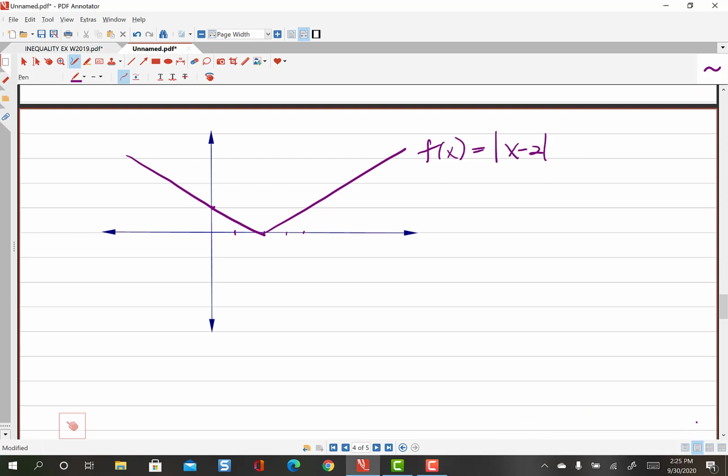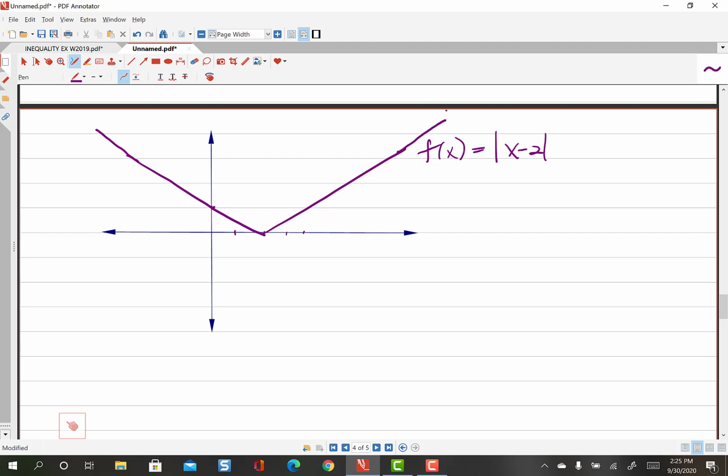Now I'm going to put something else in here. Well, let me just do one thing here. I want to extend this just a little bit, and this one here just a little bit. All right, so the other thing I'm going to graph here is 2, 4, 6. I kind of doubled the scale.